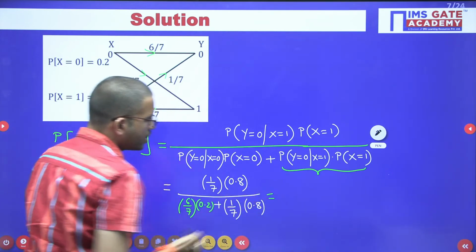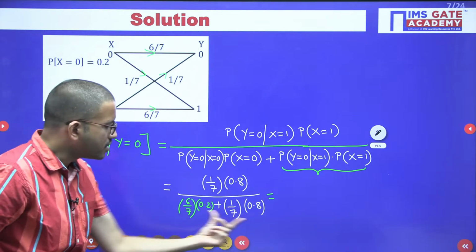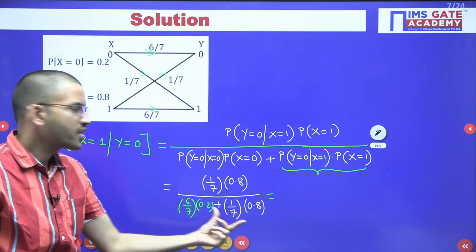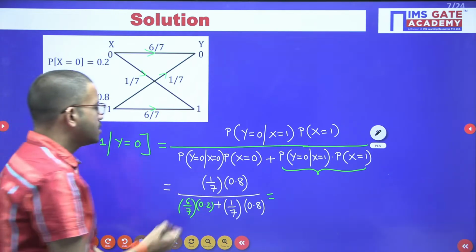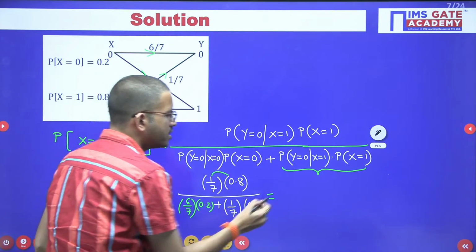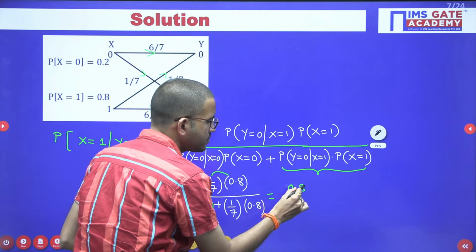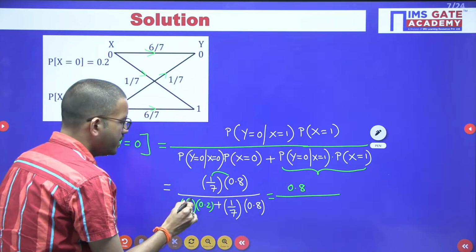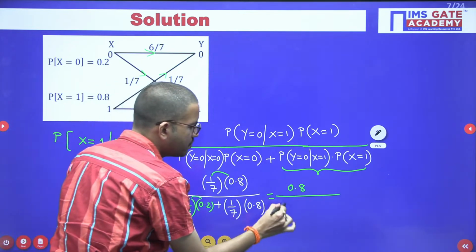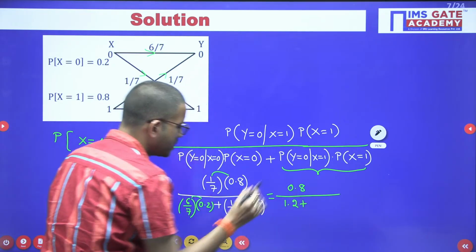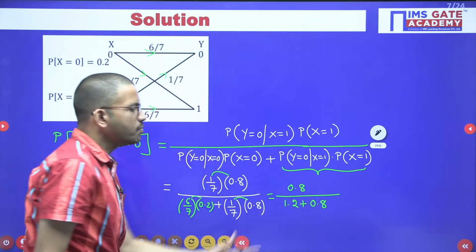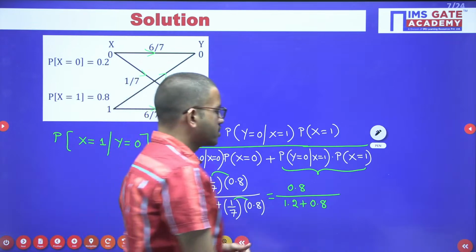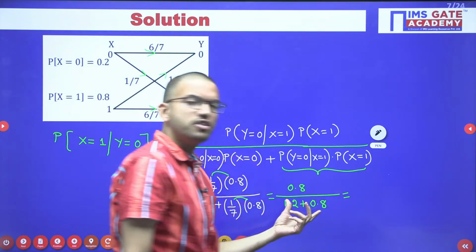Now in the denominator you can take 7 as LCM, and in the numerator also you have 7, so 7 will get cancelled. Just multiply the numerator part: 0.8 divided by 6 into 0.2, which is 1.2, plus 1 into 0.8, which is 0.8. 1.2 plus 0.8, how much? 1.2 plus 0.8 is 2.